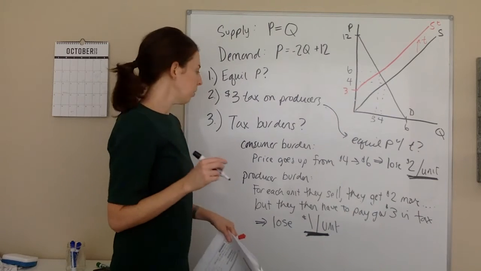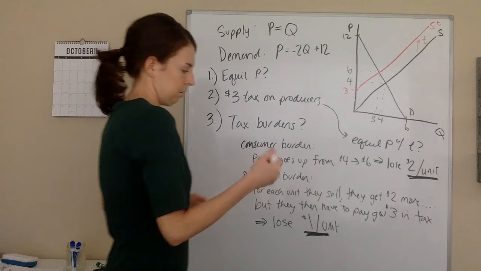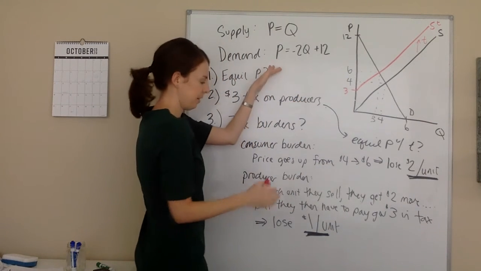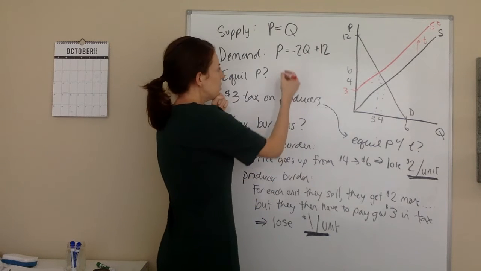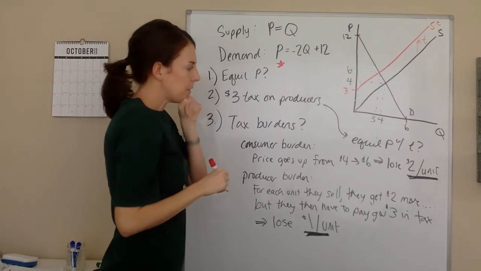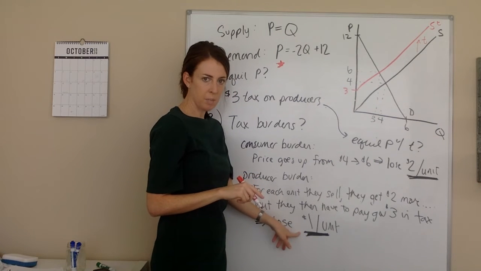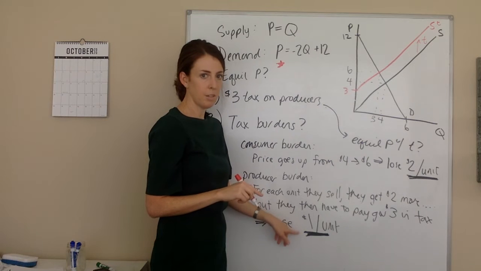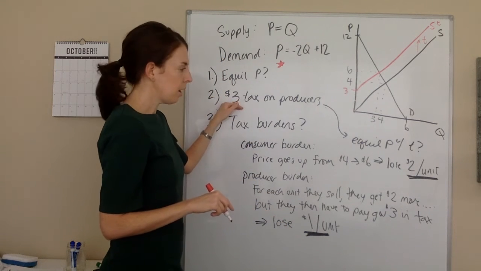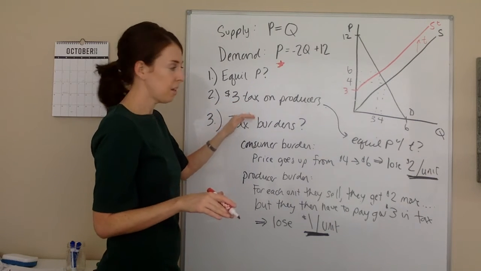Okay, there are two important things to note about this. I'm going to write this little wedge here, but you can write it bigger on your piece of paper. Thing to note, star number one, is that the summation of the two tax burdens is equivalent to the totality of the tax. So again, the whole tax was $3, but the tax was effectively shared between the two sides of the market.